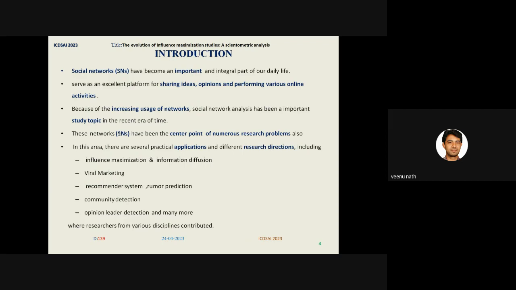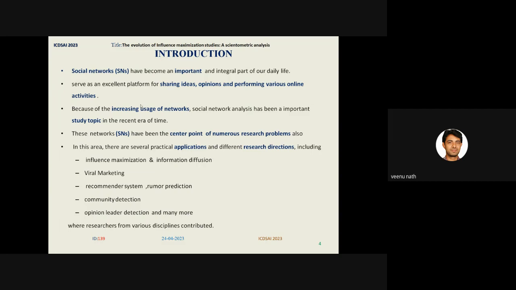In the introduction part, my paper comes under social network analysis. Social networks have become an important and integral part of our daily life. We know how we are using social networks in our daily usage. The platform provides us a way of sharing ideas, opinions, and performing various online activities.